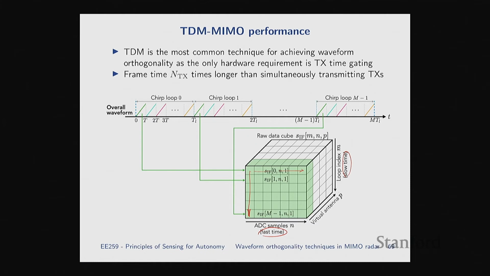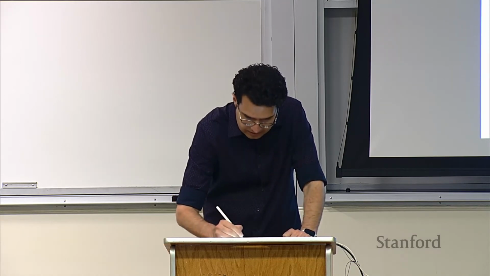So if you look at your green transmitter, one sample here and one sample here, now that is our new slow time sampling interval. So if we do TDM MIMO, our slow time is going to become a factor of NTX slower, right? So the sampling rate in the Doppler axis is going to drop by a factor of NTX.